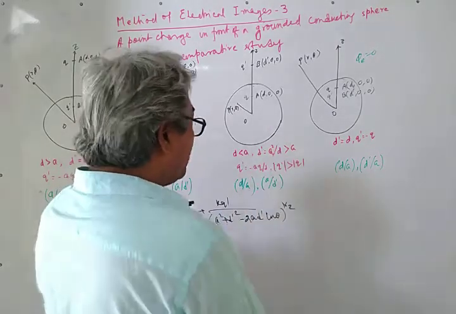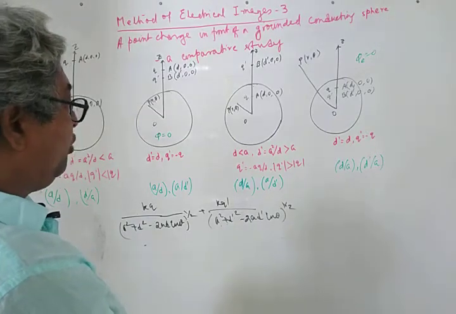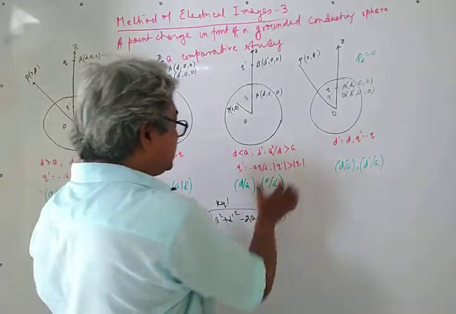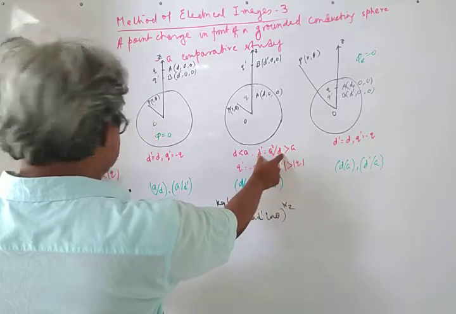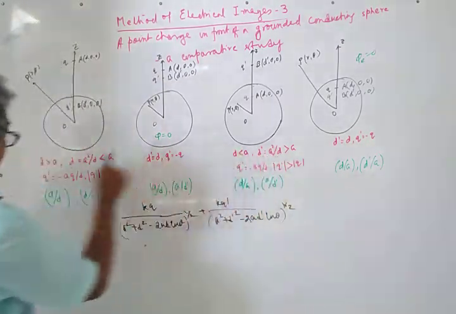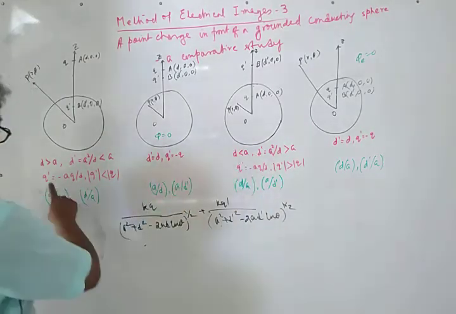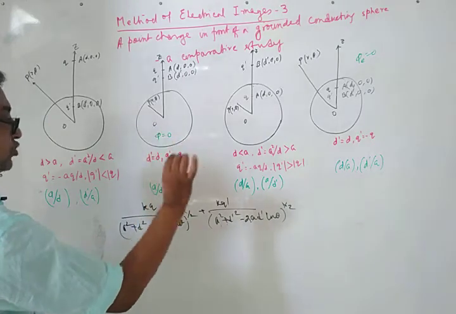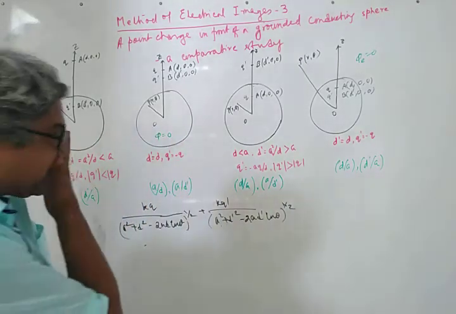And if we equate the coefficients of P0 and P1, we land up in the situation thus. The mathematical expression is exactly the same. This mathematical expression and this mathematical expression for the position of the image charge and the magnitude of the image charge are exactly the same, but the situation is different.